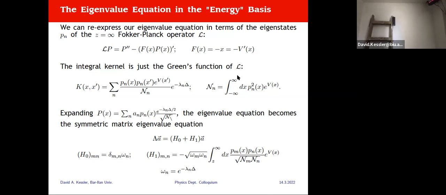So all we're going to do is take our integral equation and project everything onto the eigenfunctions of the unconstrained Fokker-Planck equation, which are just Hermite polynomials times Gaussians, and the eigenvalues are n plus a half. You break the kernel up into that.